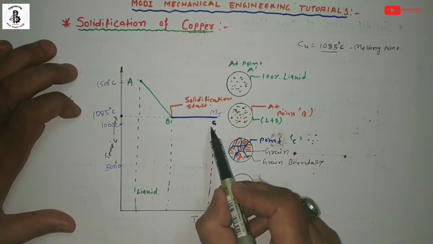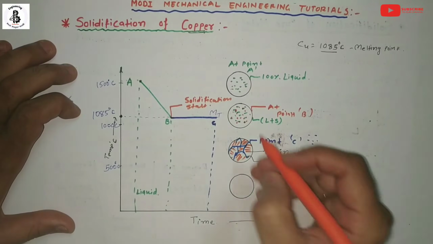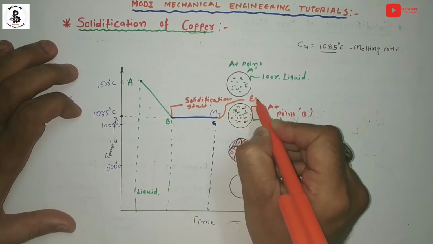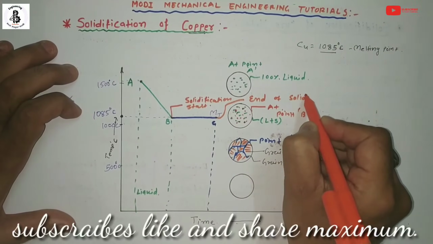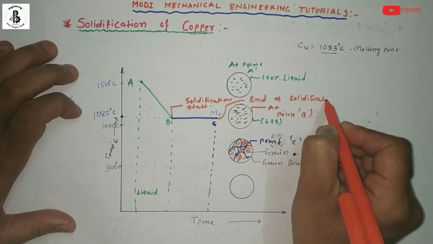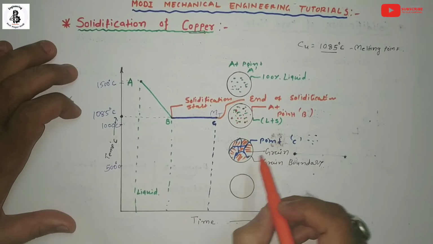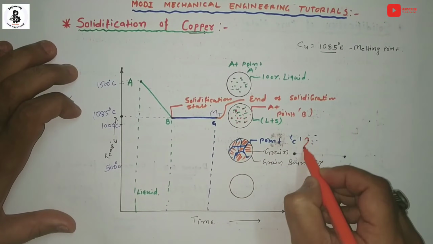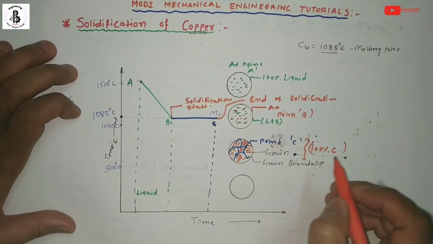At point C, that represents the end point of the solidification process, or end of solidification. For the microstructure at point C, it will be 100% solid, representing 100% solid copper.